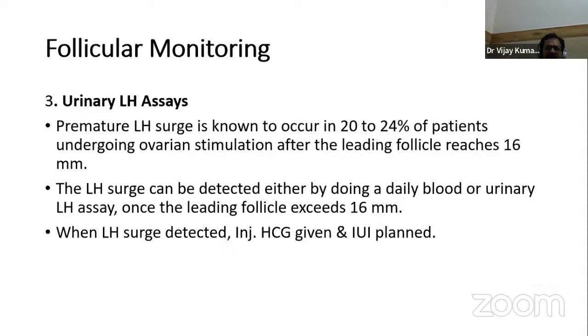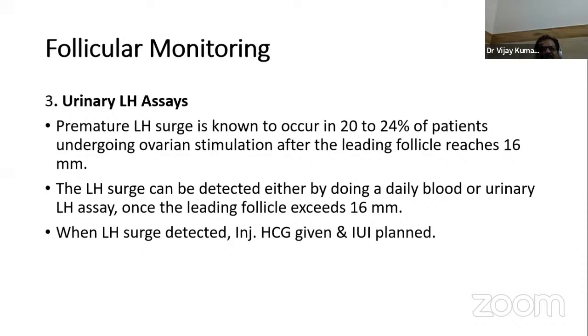Timing of IUI is always done with the TVS scan, and in some centers also with the LH kit. The LH kit is more important in natural cycles, wherein you do not put them on any induction agent and are not monitoring with TVS. Then you can ask the woman to do urinary LH estimation.